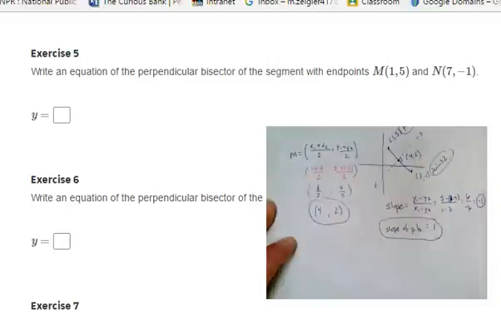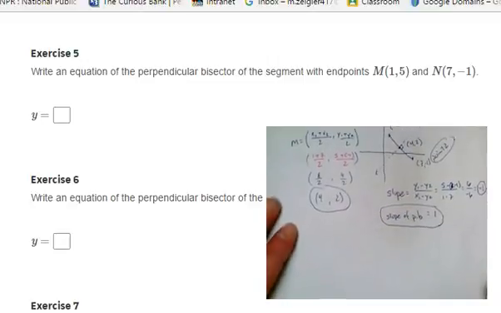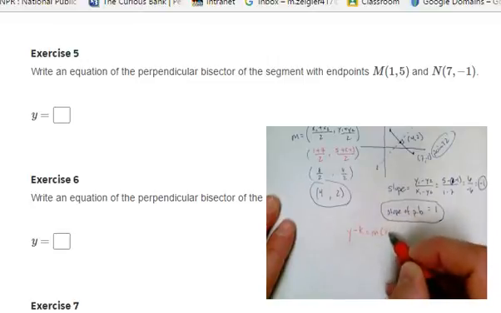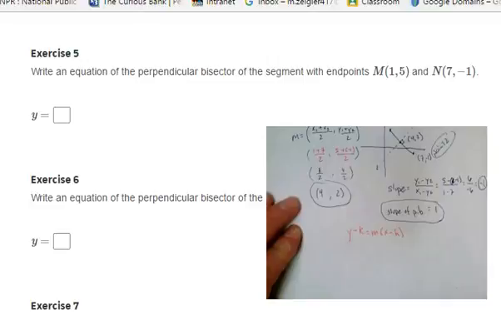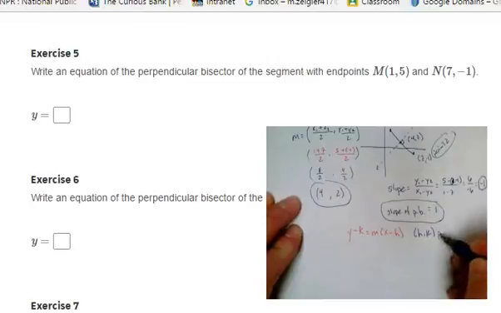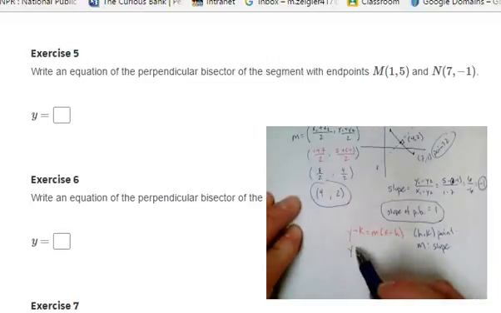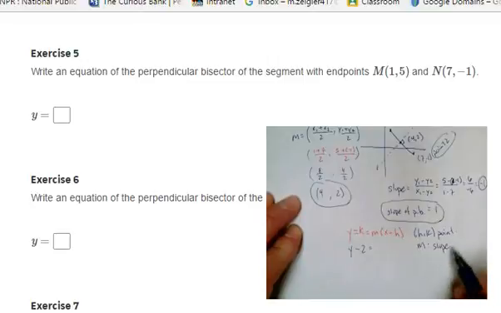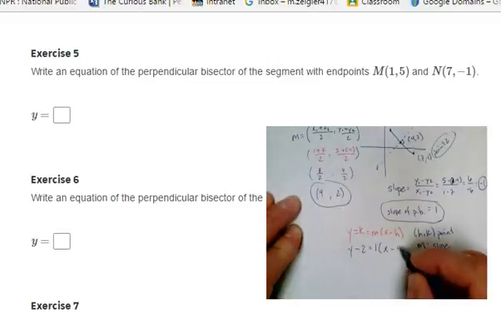We've got a point that we pass through, so it's time to set up our equation. We're going to write it in point-slope form initially: y minus k equals m times x minus h. Our h and k are the point that we're passing through, and m is our slope. So we've got y minus 2 equals our slope, which is 1, times x minus 4.